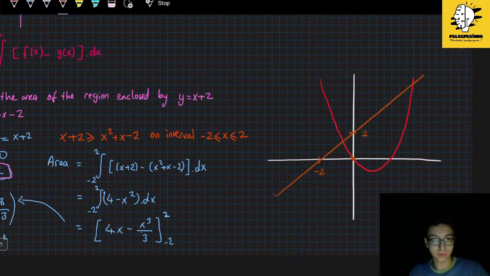Any other points that you want me to identify? No. Okay, we found out that our point of intersection is minus 2.